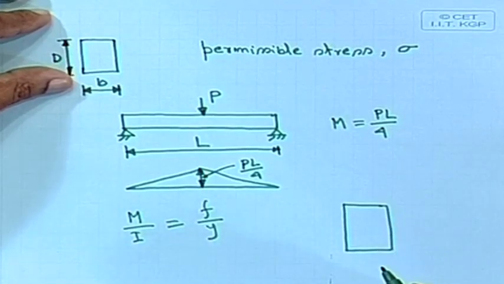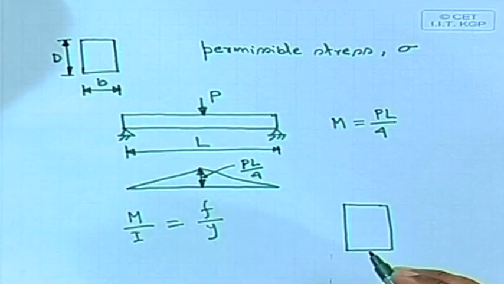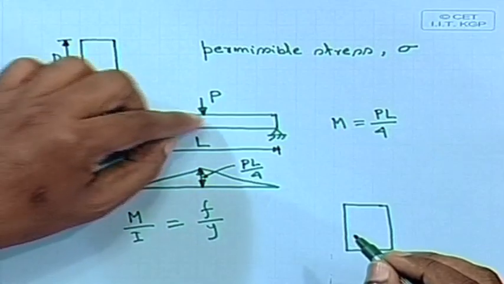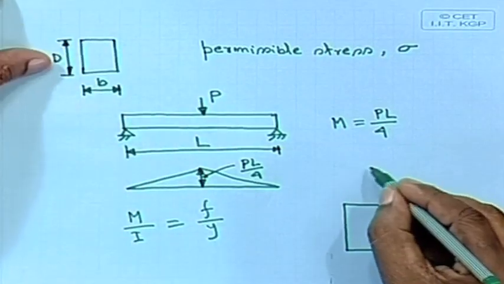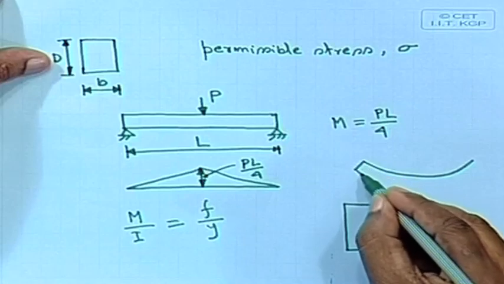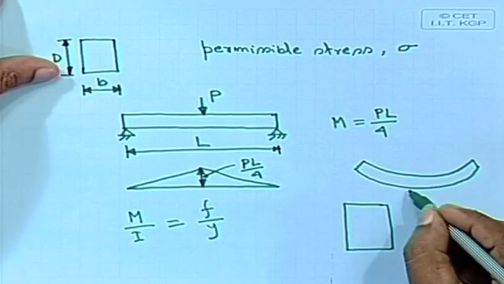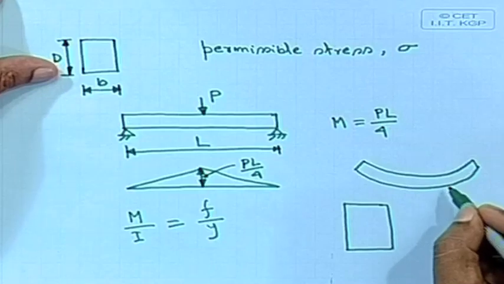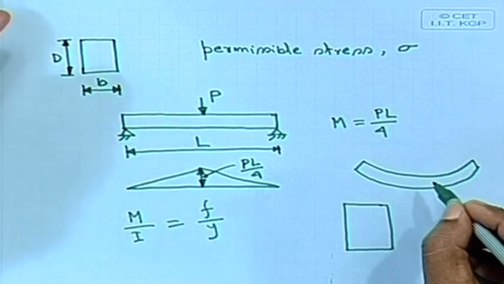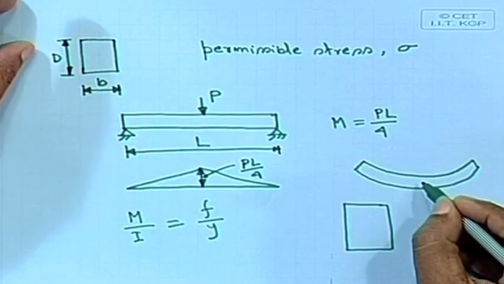Let us recapitulate. If this is the section, due to this loading we have compression at the top and tension at the bottom, because the beam will deflect in this way. So, we shall get tension at the bottom and compression at the top. In most cases you will find this nature of stresses in a beam.